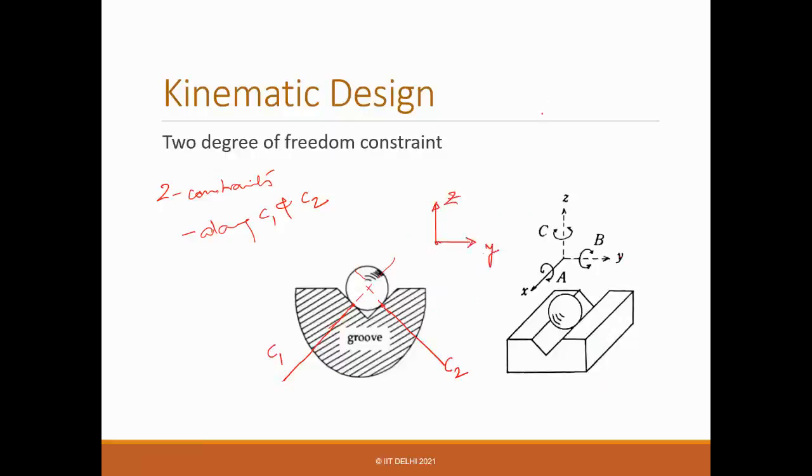We are talking about equivalence. The same thing is happening here. So this is Y and Z. Any 2 directions, not necessarily like this, but this can also be one pair, C1, C2. They are also equivalent, right?